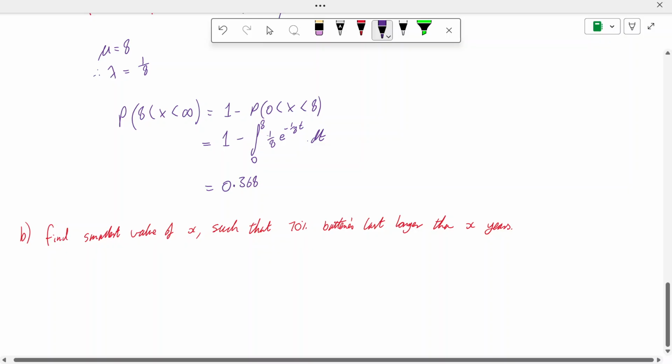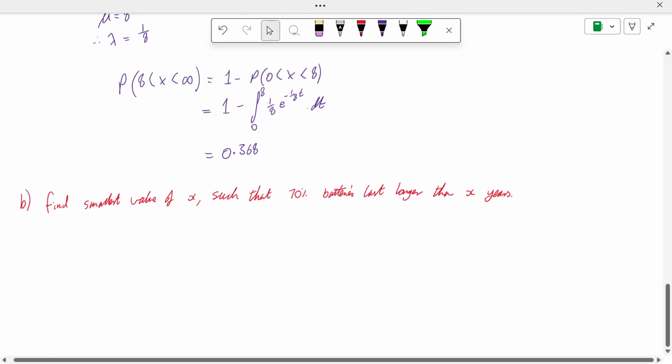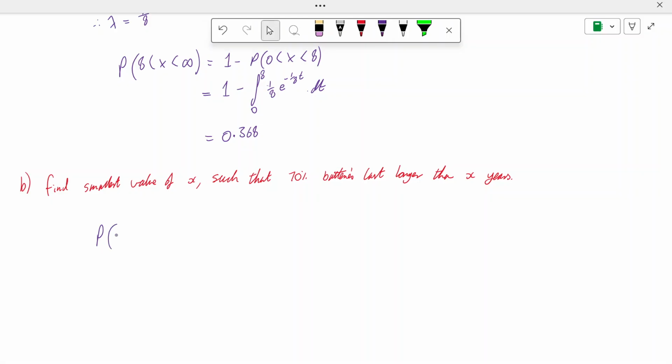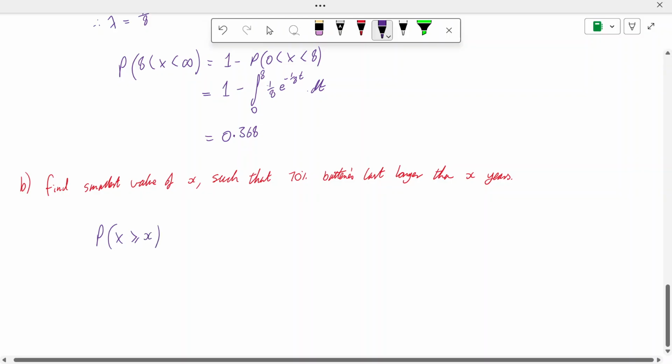So I'm going to think about what this particular problem is asking. It's telling me that the probability that my battery is going to last longer than x years is 70%.